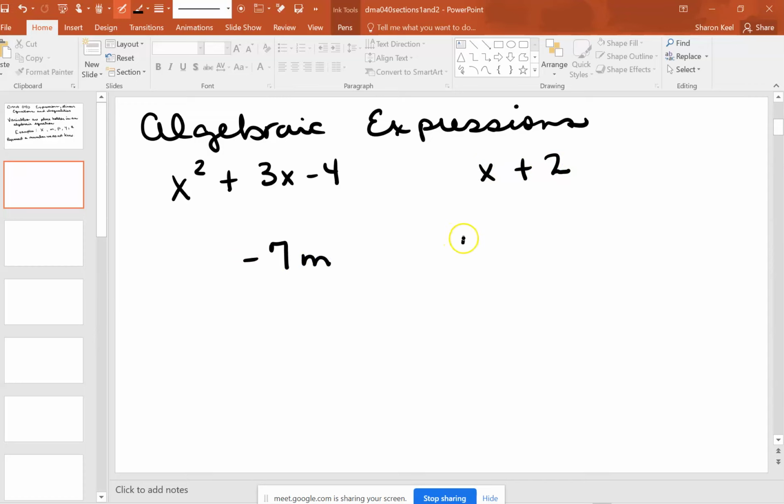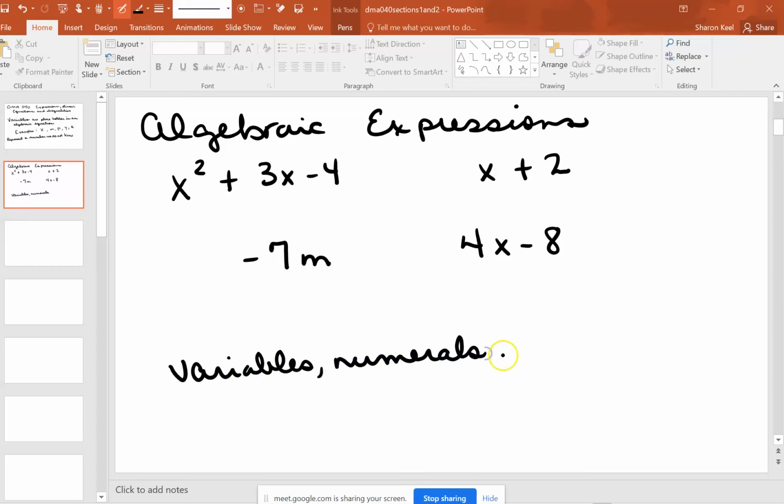It could be 4x minus 8. It could be anything that's going to have variables. You're going to have variables, you're going to have numerals, and then you're going to have either an addition, a subtraction, a multiplication, or a division. You will have one of those operation signs that will connect the different terms of the algebraic expression.